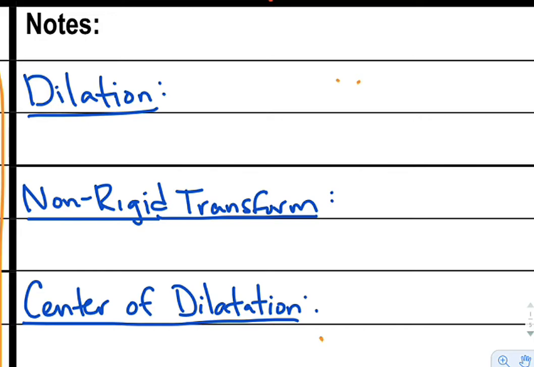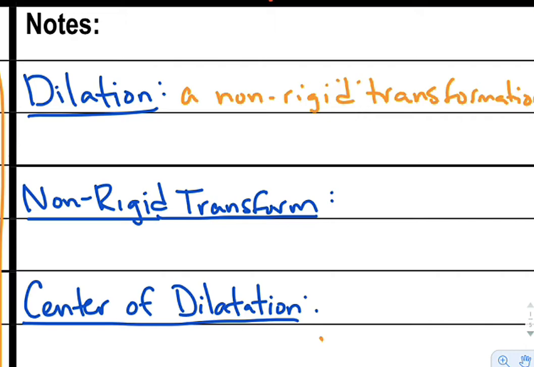A dilation is nothing more than an example of a non-rigid transformation. Transformation, of course, means that it's just moving an object. So a rotation, reflection, translation, those are all types of transformations because it's changing where it is in a way. Those are rigid.